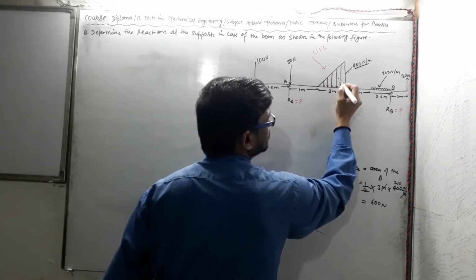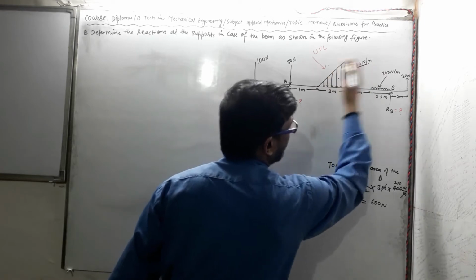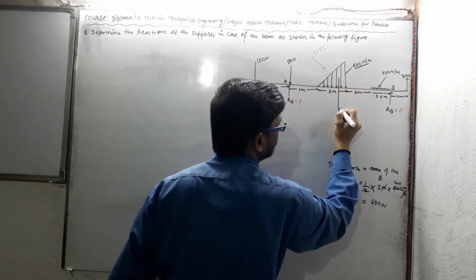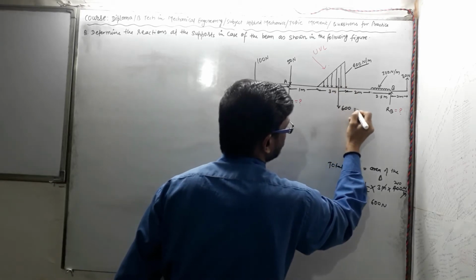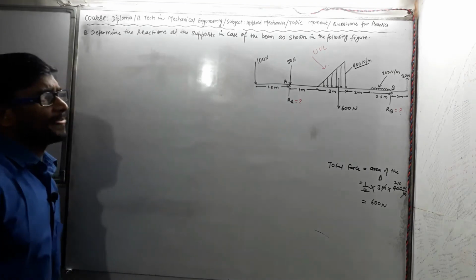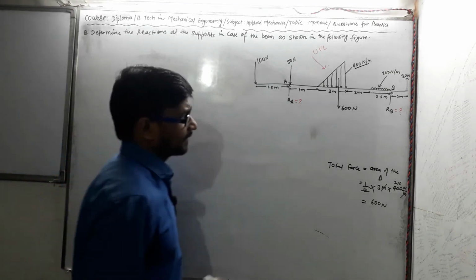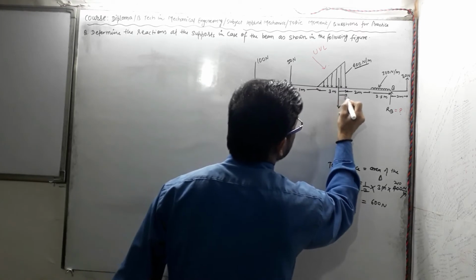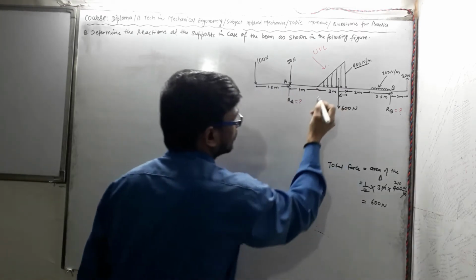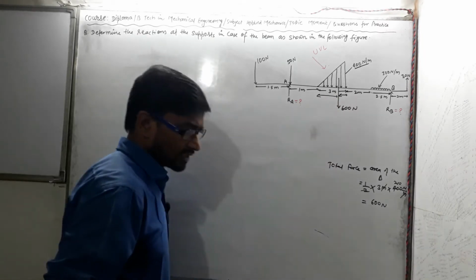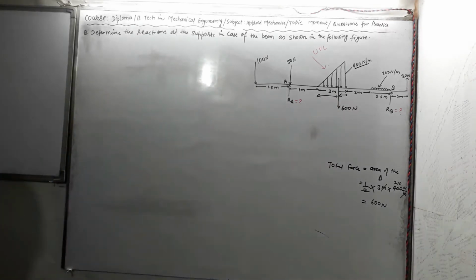The net resultant 600 Newton force is acting at the CG, which is at a distance of h by 3 from one side and 2h by 3 from the other.